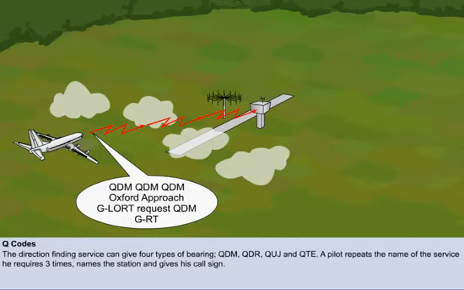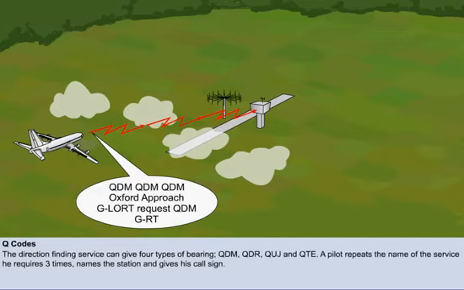When a pilot wishes to obtain a bearing from a ground station, he calls up on their frequency and requests the appropriate service. For example, the QDM would be requested when the pilot wished to fly a magnetic track to the station.